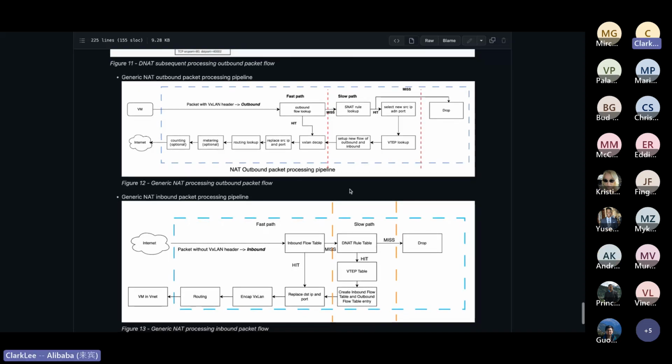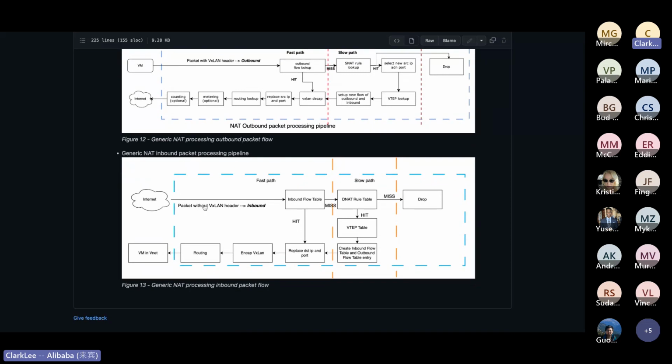Okay. And then the next one is the inbound processing. When the internet packet comes in, we look up into the inbound flow table. If we get a hit, we go through the fast path, replace the destination IP and port, encap VXLAN, do routing, and send the packet to the VM. And if the inbound flow table is missed, we look up into the DNAT rule table.